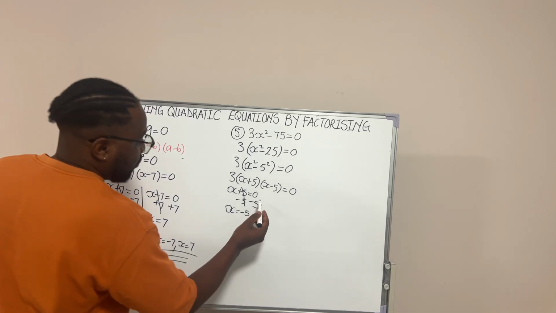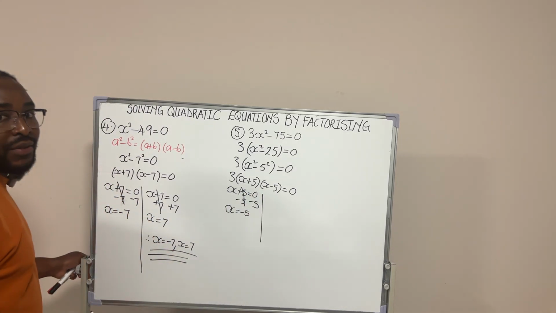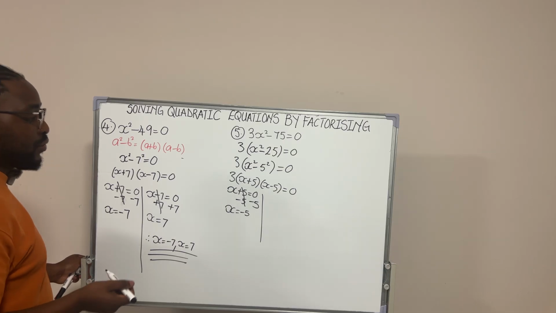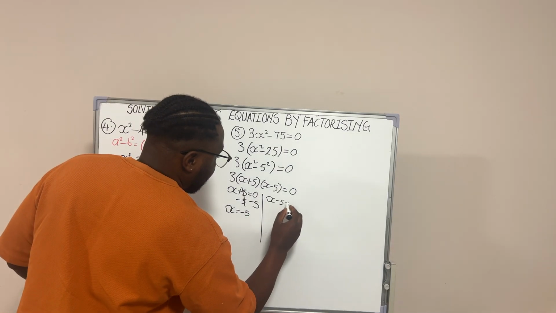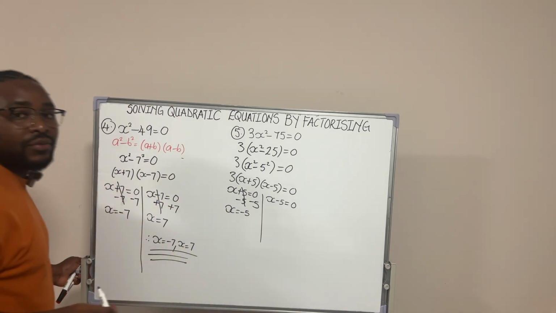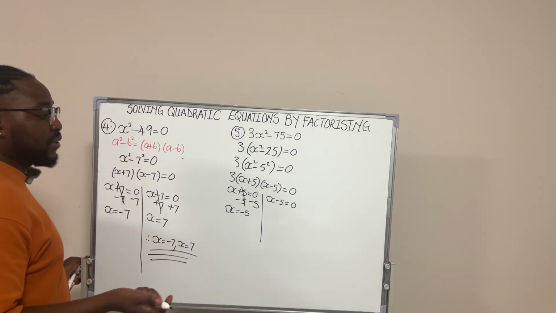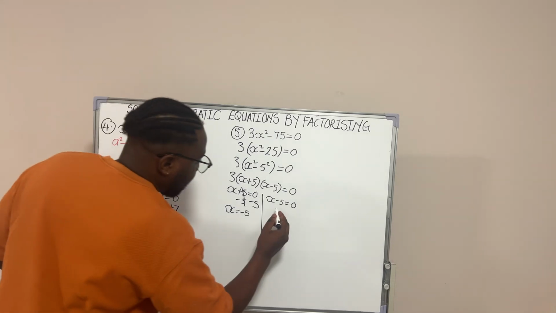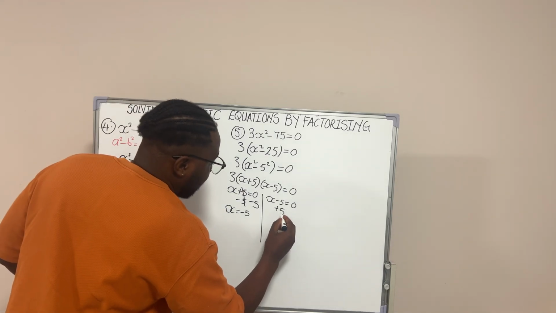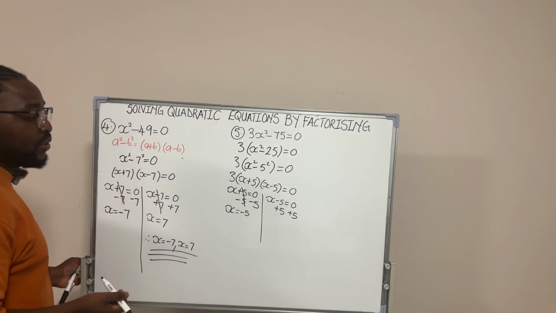Okay, so now let us deal with our second factor over there. Let us also set that to 0. So then we shall have what? x minus 5 equal to 0, right? Let us find the value of x by simply isolating it. And we can do that by adding 5 to both sides of our equation, right?